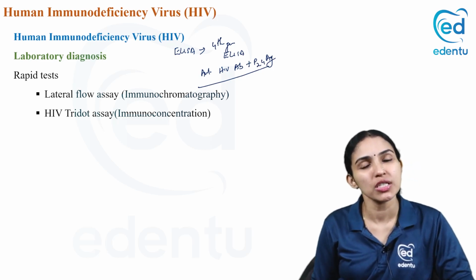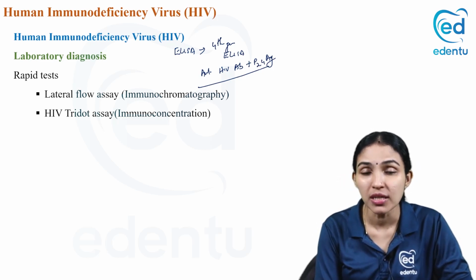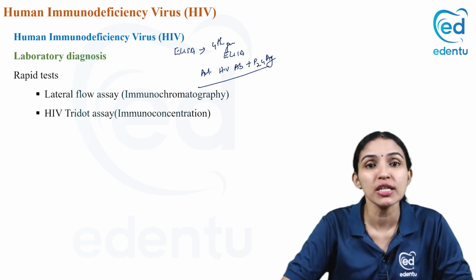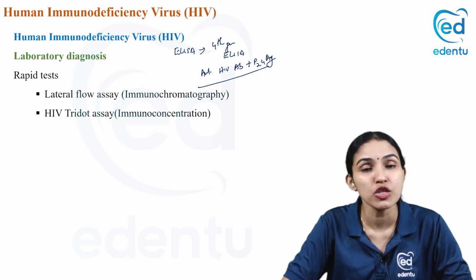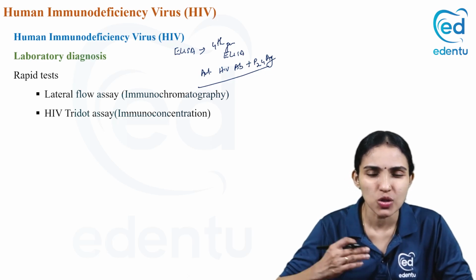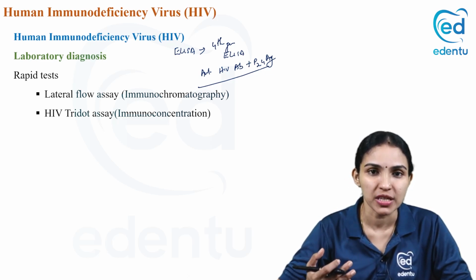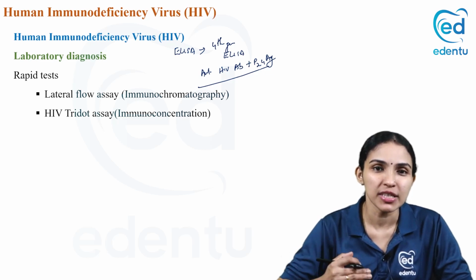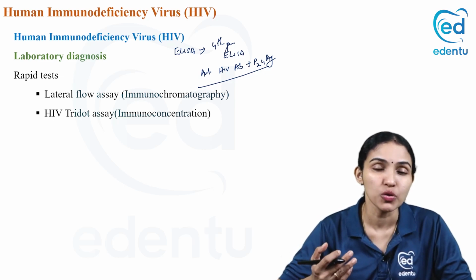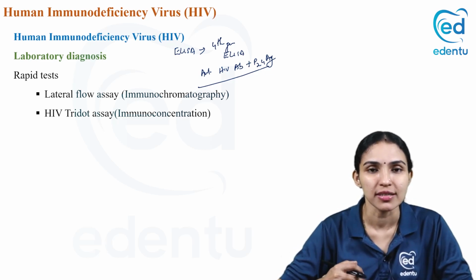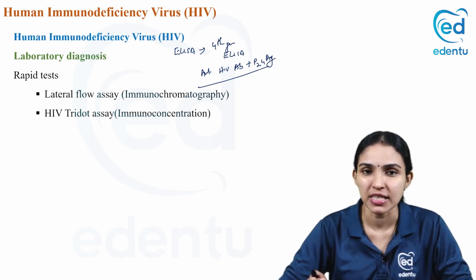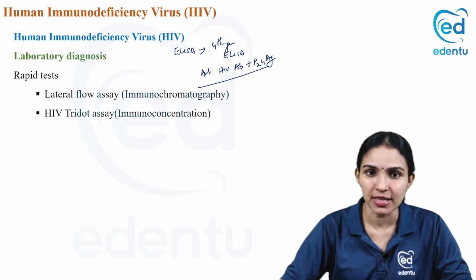This helps in reducing the window period. Antibody will take some time to develop, so if you test a patient earlier and P24 antigen can be detected, that is very good, because you can pick up the case earlier.